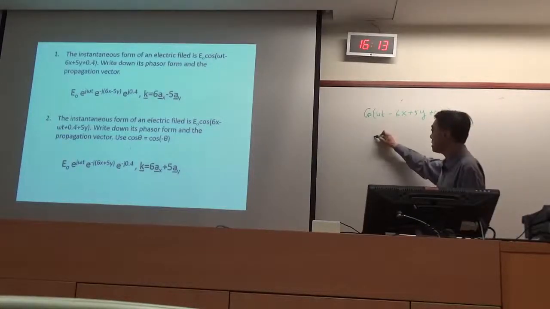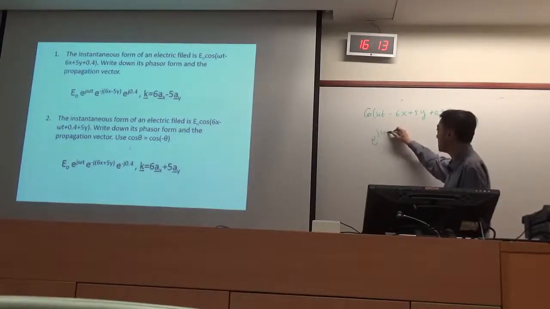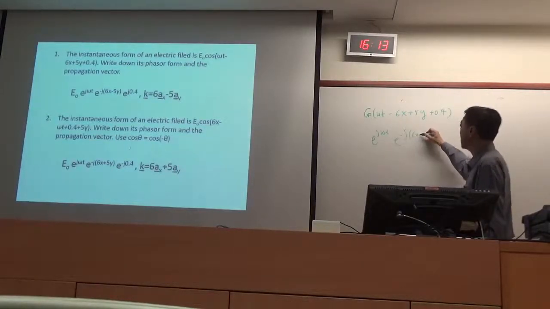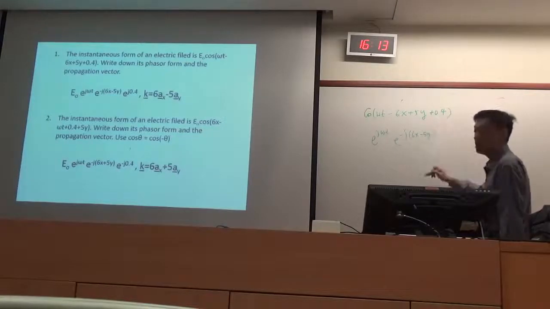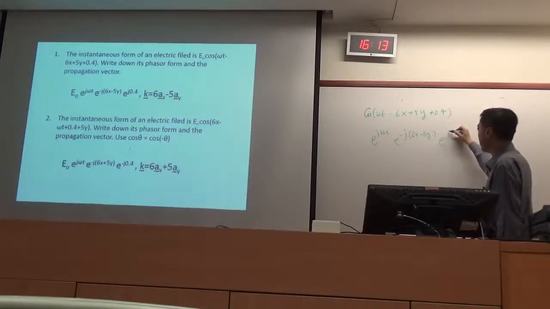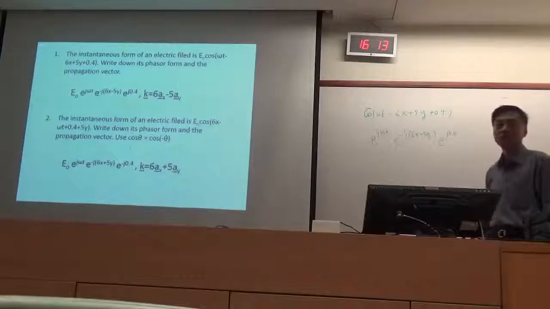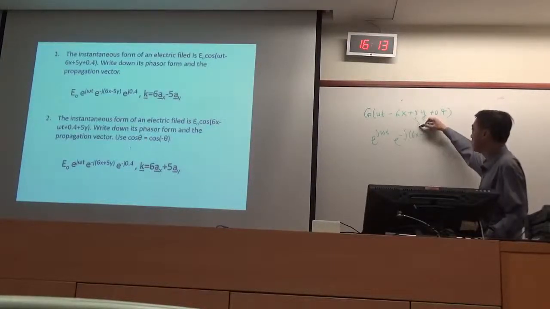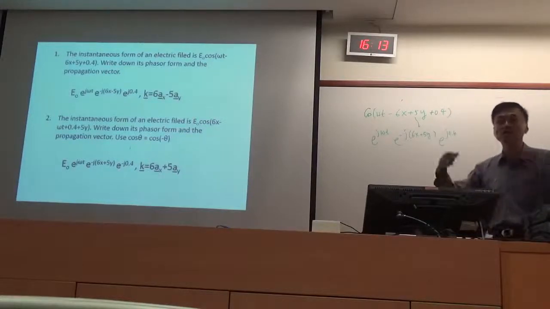So this one becomes e^(jωt) e^(-j(6x - 5y)) e^(j0.4). Small mistakes are those people who copy this one down, and this one is still plus. That is called a small mistake.